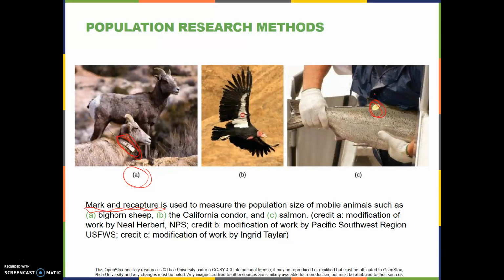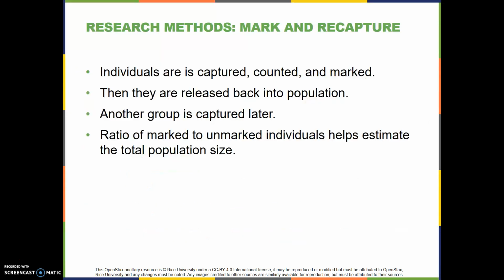Okay, so you mark them, and then you do a population sample, and then you do another population sample and see how many of the marked ones are in it. So mark and recapture, this is how it works.